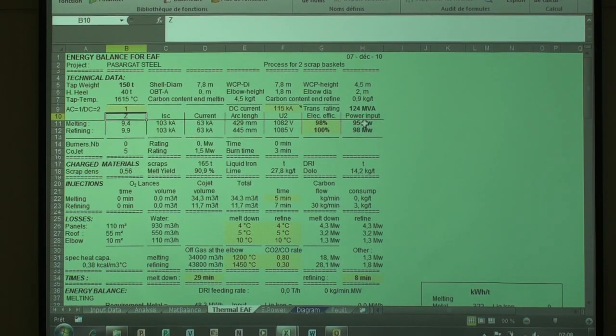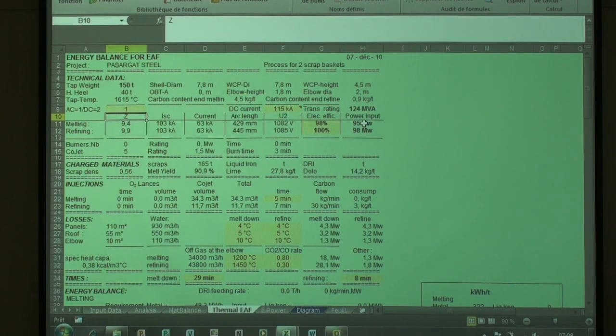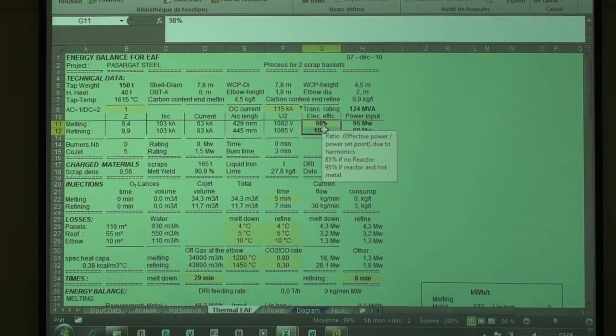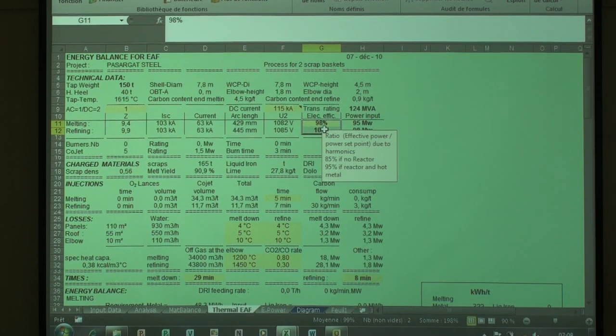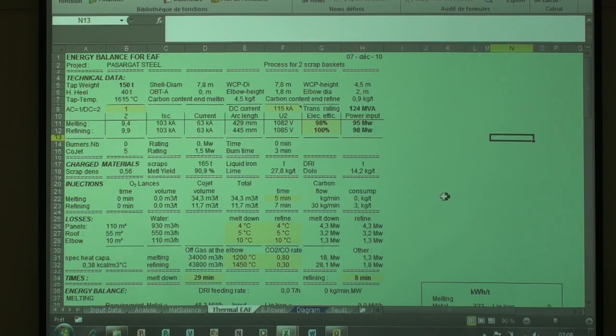So this is the megawatts I have defined on the input data sheet, and for safety I take, let's say, a harmonic coefficient, because I know that during melting the power is not achieving the 95 megawatts, it's slightly increasing, depending on the kind of process.